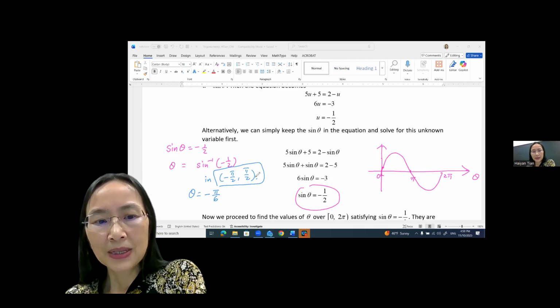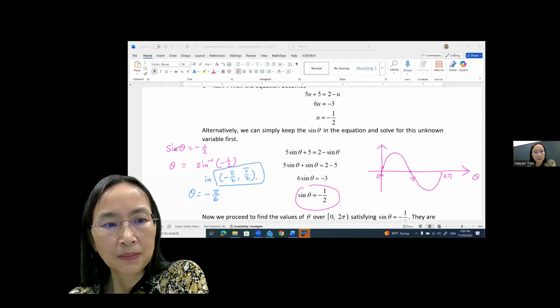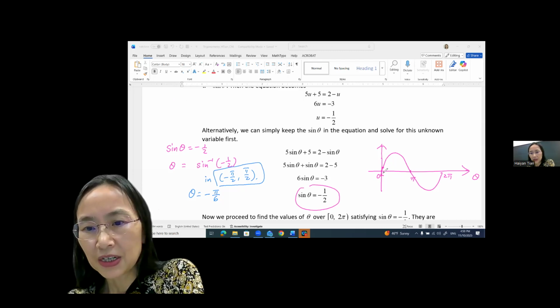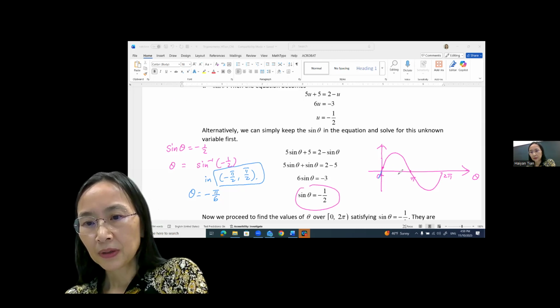By solving the inverse function, we go from negative half of pi, and this is increasing.